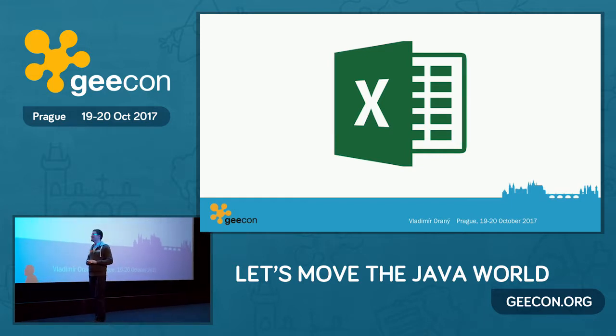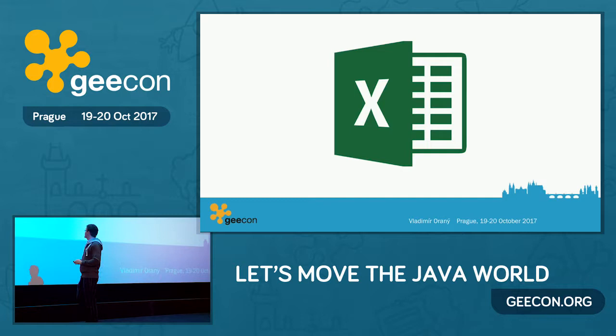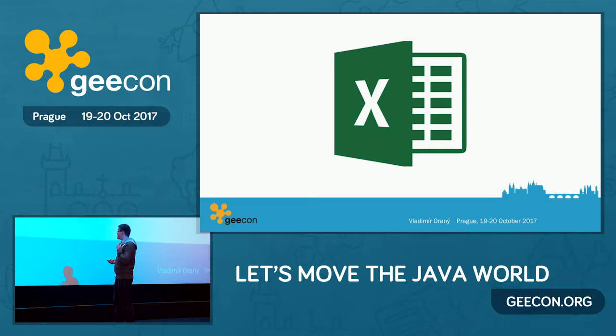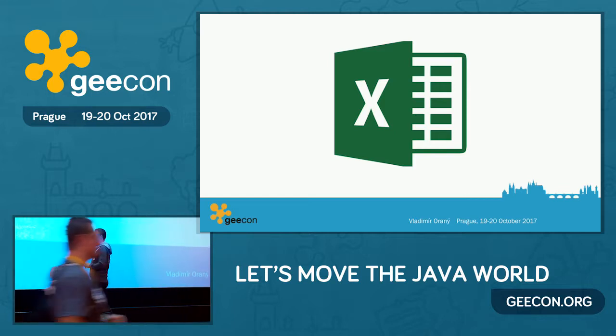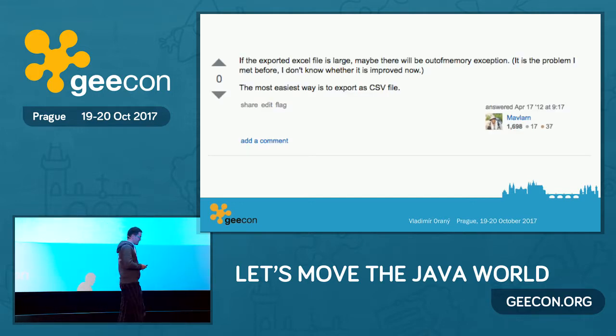But next day your boss goes to the office and says, you will have to export it to Excel. He wants it. It's a crucial part of the application now. Okay, so how to do it? Actually, you go to the website where lies all the developers' wisdom, and search for the answer.